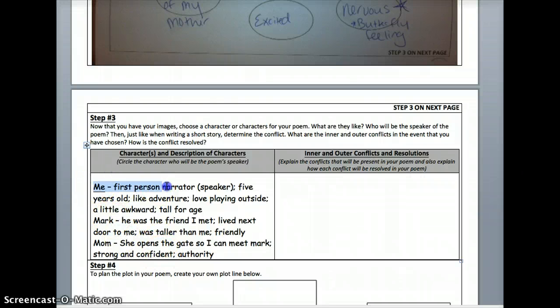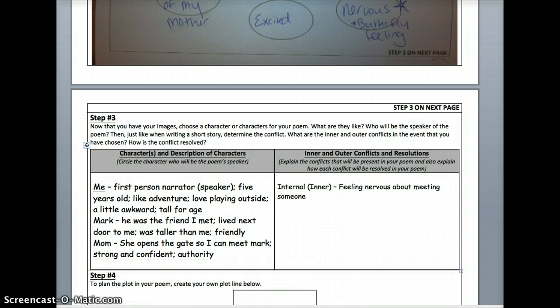I picked myself as the speaker. Now I need to think about conflicts and resolutions. One of the conflicts that I had as an internal conflict was feeling nervous. I'm going to put internal or inner conflict, and it was feeling nervous about meeting someone new.